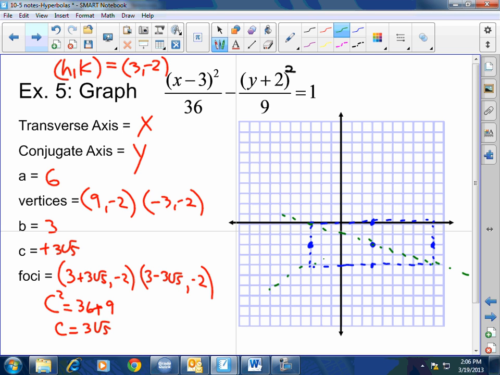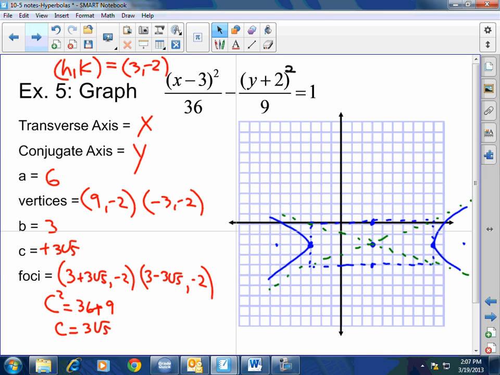Connect this corner, that center, and that corner. Go ahead and create your hyperbolas. And your foci is 3 square root of 5, so that's about 3 times a little over 2, so a little over 6. So 1, 2, 3, 4, 5. So it's like about there, my foci. And then this one, I don't have enough room, but I'd have to go over here somewhere. Okay? And that would be it.